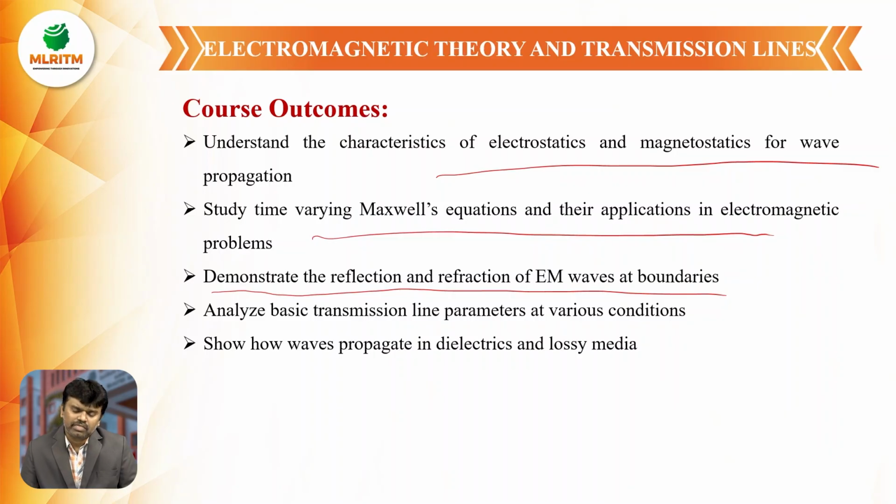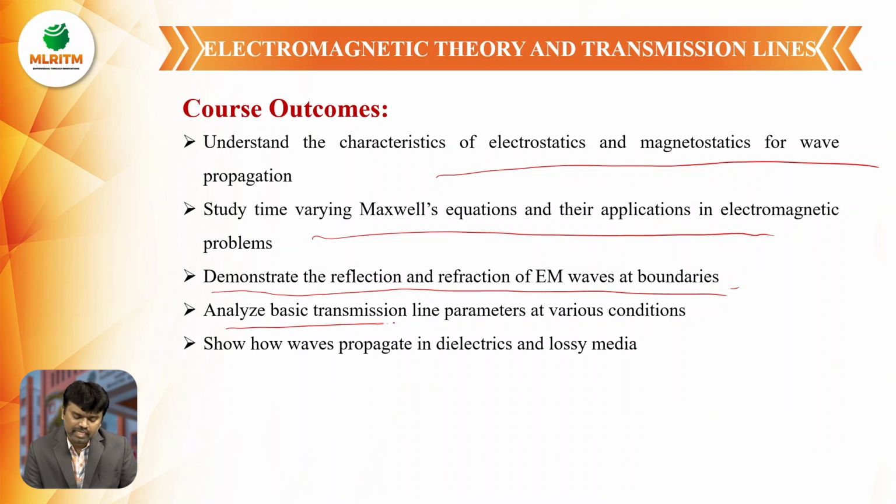By studying this course, we learn how an electromagnetic wave is reflected from a conducting boundary or a dielectric boundary and refracted through the dielectric boundary, what the reflection and refraction angles are, and how energy flows through different mediums.